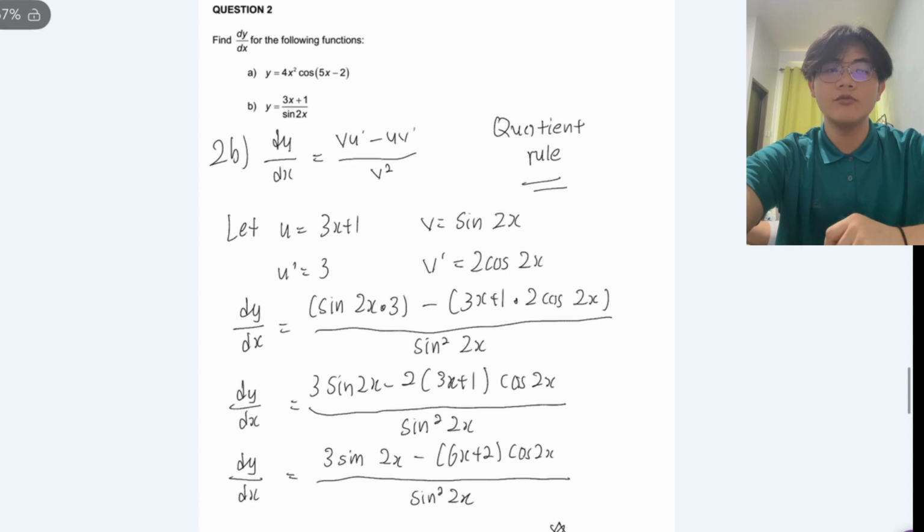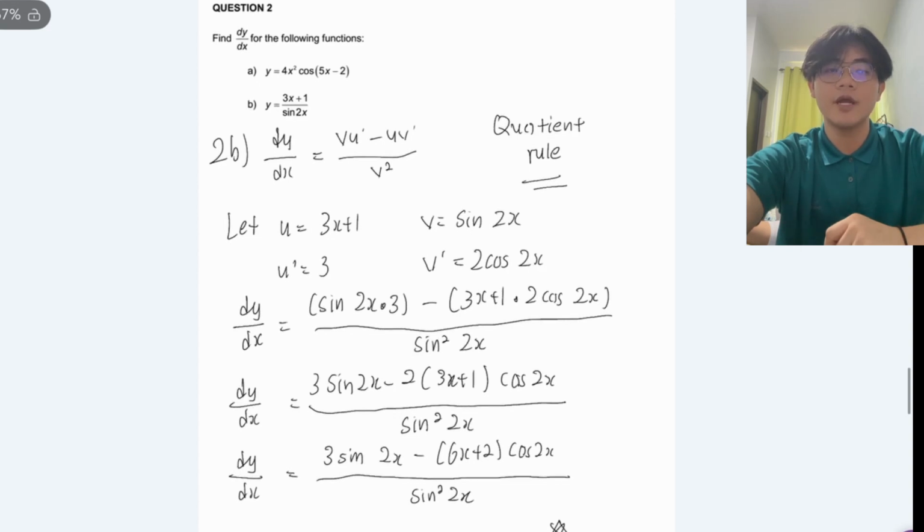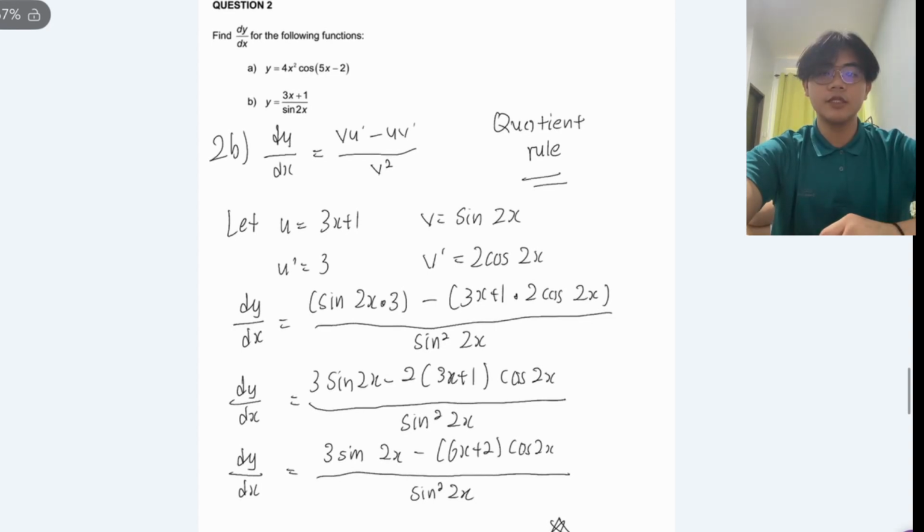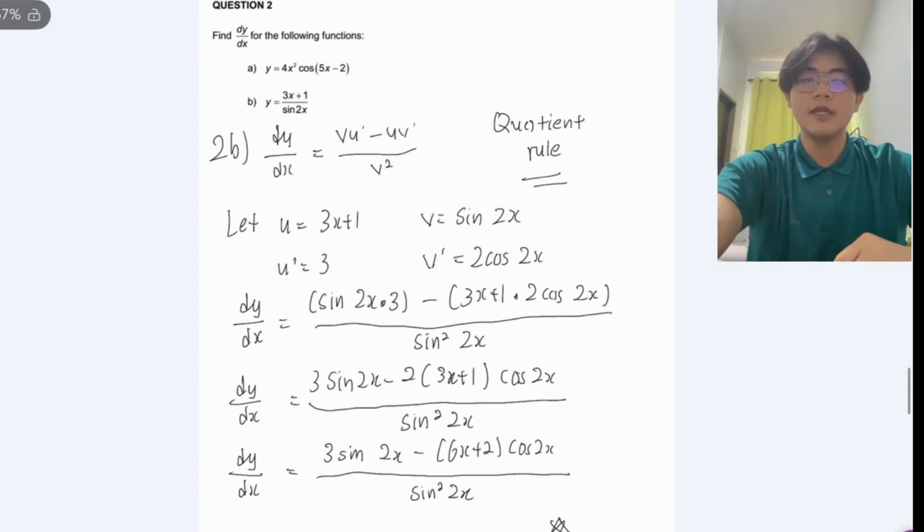Then we're going to let u equal the numerator, which is 3x plus 1, so the u prime will be 3. Then we will let v equal the denominator, which is sin 2x, then the v prime will be 2 cos 2x. Then we will let dy over dx equal to v u prime minus u v prime over v squared, as it is the formula for quotient rule.